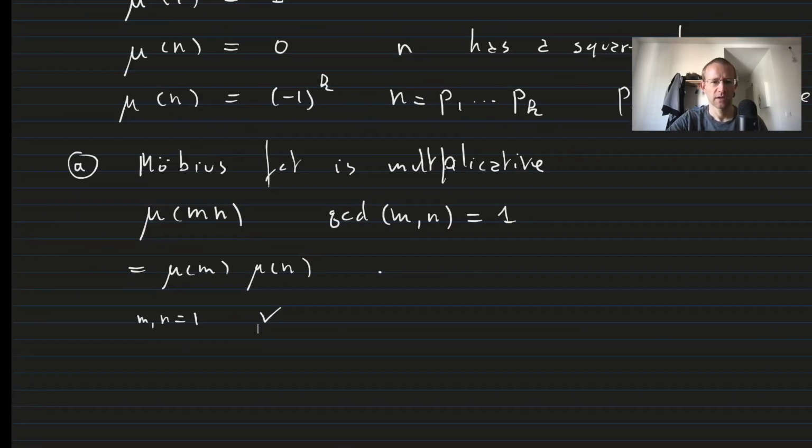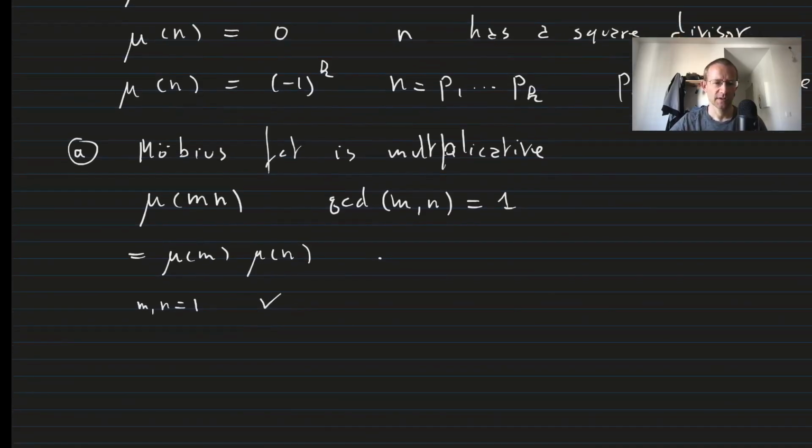Then suppose that m has some prime factorization, which is p1 all the way up to pk, and n has a prime factorization, which is q1 all the way up to ql.